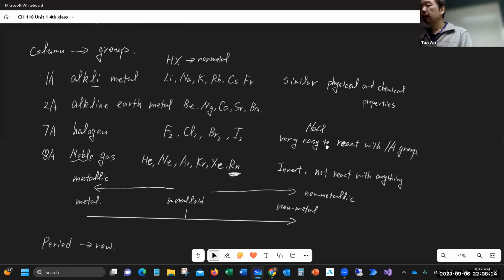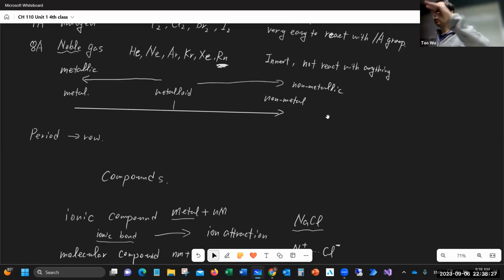Yeah, and we also talked about the periods. In a period, the left side is always metal and the right side is always non-metal. In the middle we have a zigzag line showing over here. This is the boundary between metals and non-metals.